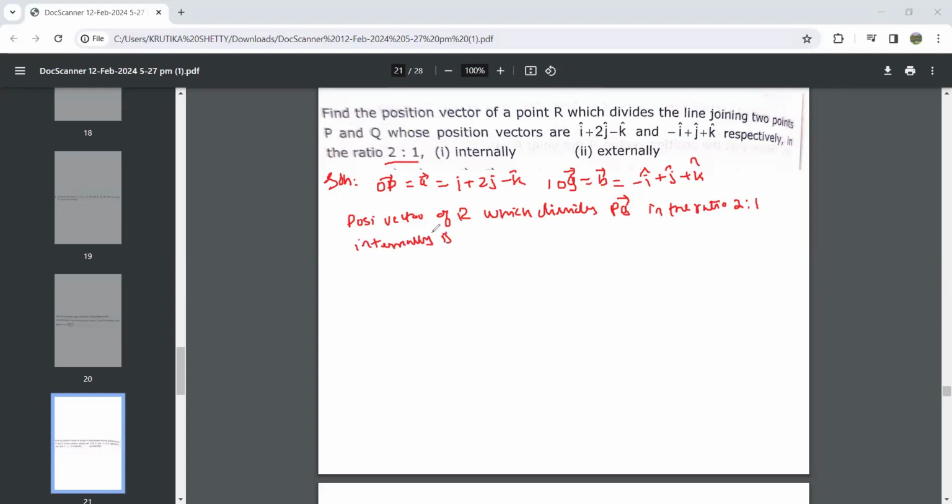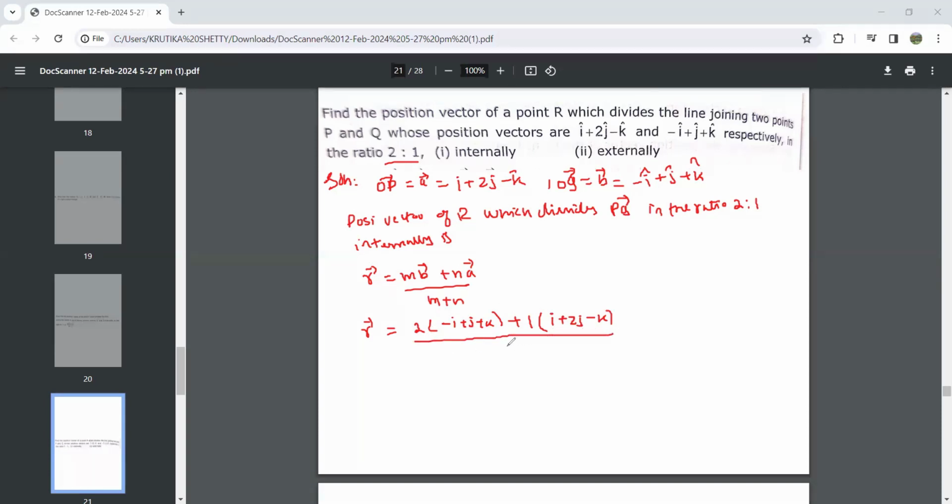Here we have R is equal to m into vector b plus n into vector a, divided by m plus n. So we will substitute the values. The value of m is 2, so it will be 2 into vector b, which is i cap plus j cap plus k cap, and then n is 1, so 1 into a, which is i plus 2j minus k, whole divided by m plus n.